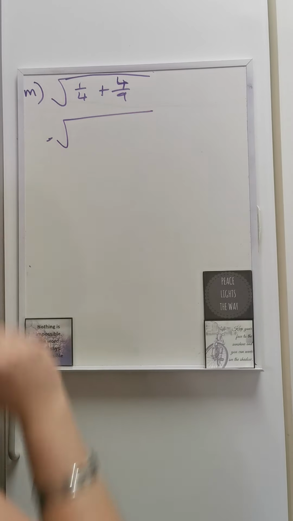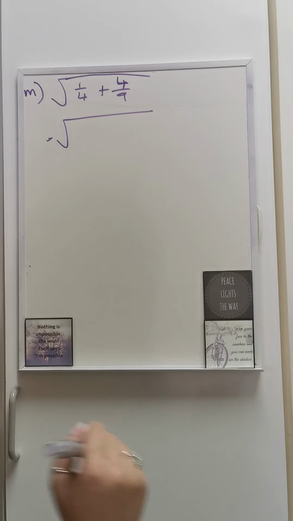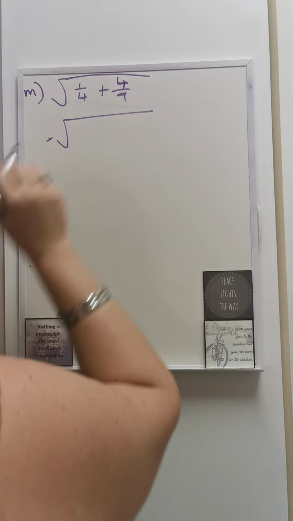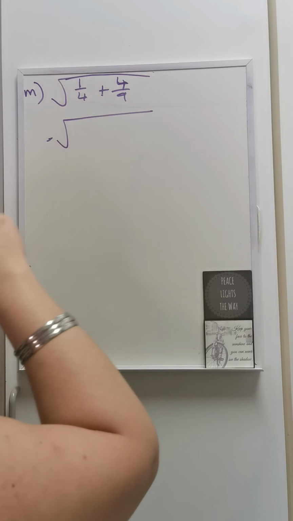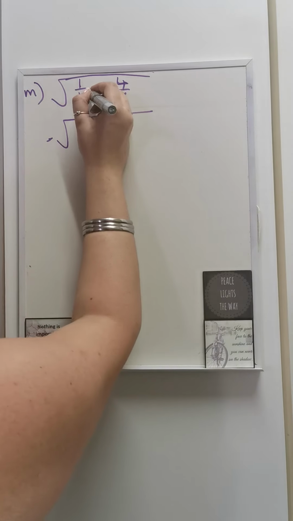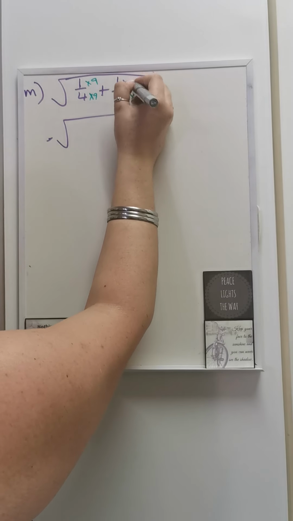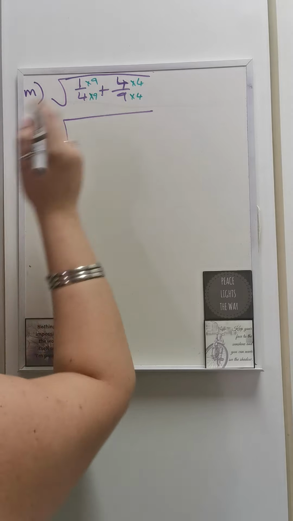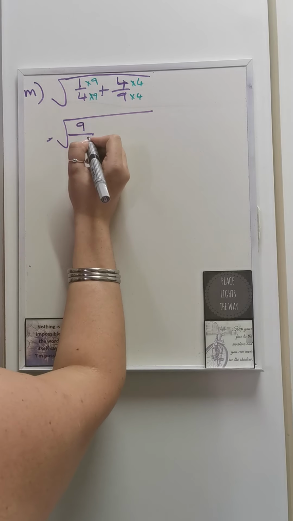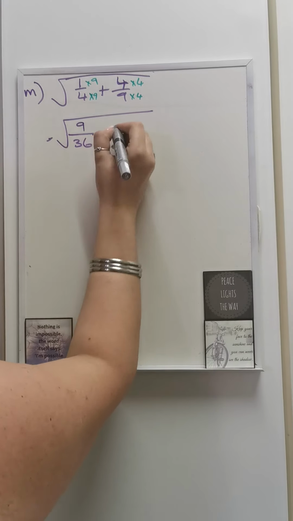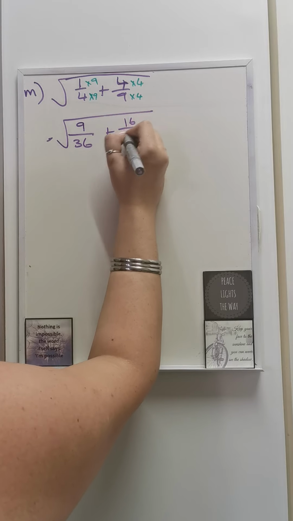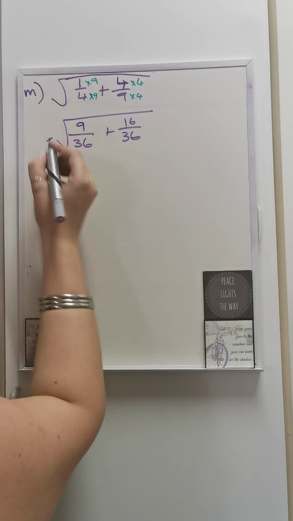So I'm still keeping the square root because I haven't taken it away yet. But to plus them, the denominators have to be the same. So I'm going to times with 9 and times with 4. So 1 times 9 gives me 9, 4 times 4 gives me 36, plus 16 over 36.